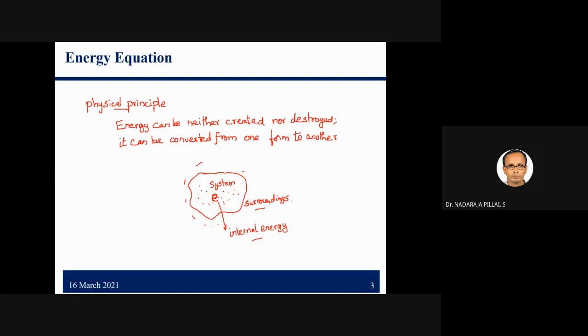So let us say we add heat. Let us say an incremental amount of heat. So we supply heat from the surroundings to the system, right?